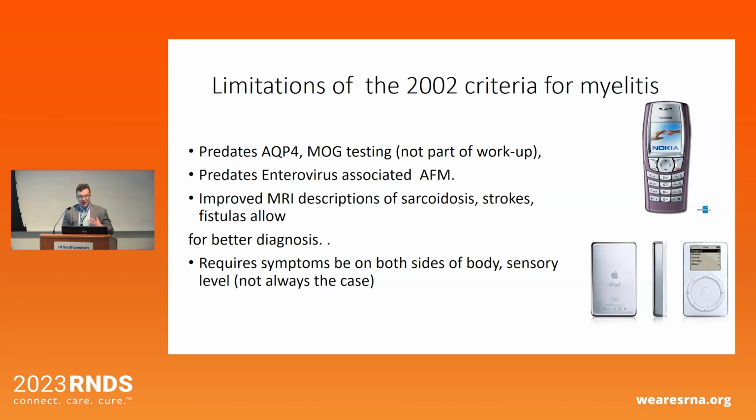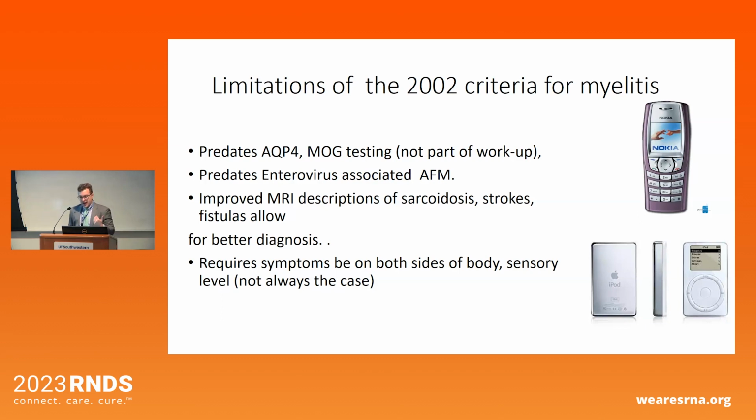They talk about the diagnosis of NMO because they recognize that as a disease state, but they didn't have a way of confirming it with a blood test, as we do in many cases today. It really predates the recognition of enterovirus as a cause of acute flaccid myelitis and those outbreaks that we saw in the previous years. Over the years, we've gotten better about MRIs and analyzing them critically in people that have diseases like stroke of the spinal cord and sarcoidosis and fistulas. So we have better ways to diagnose those as well.